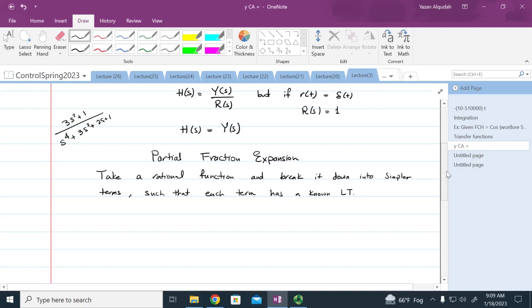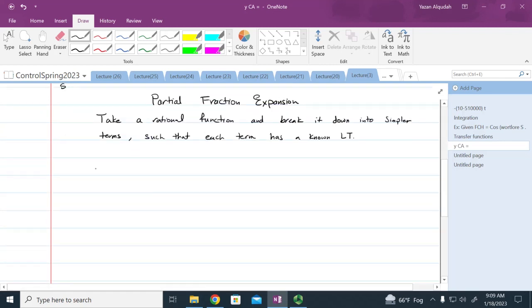Okay. So again, the idea, I'm going to be able to take N of s, a polynomial, over a polynomial that might look something like this. So this is what we wrote here.